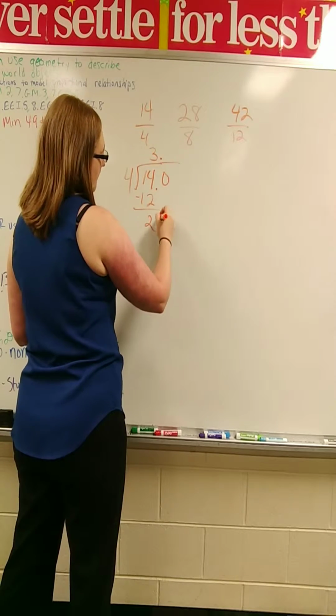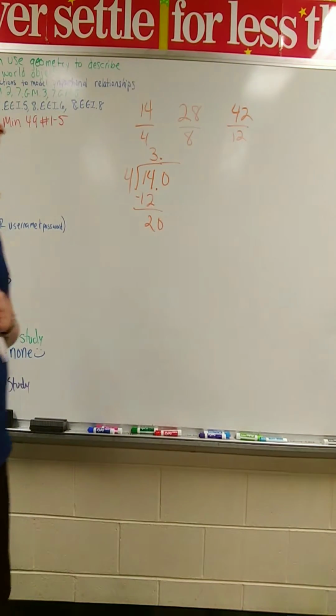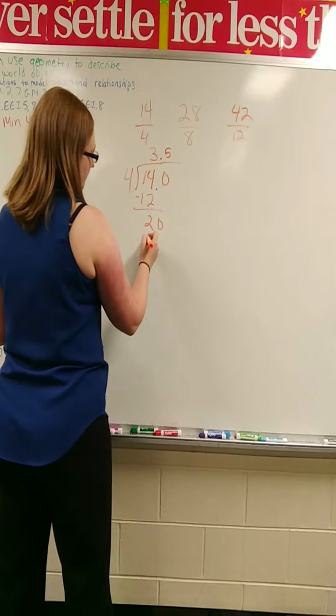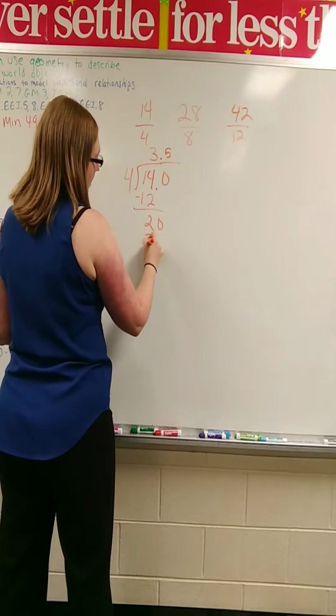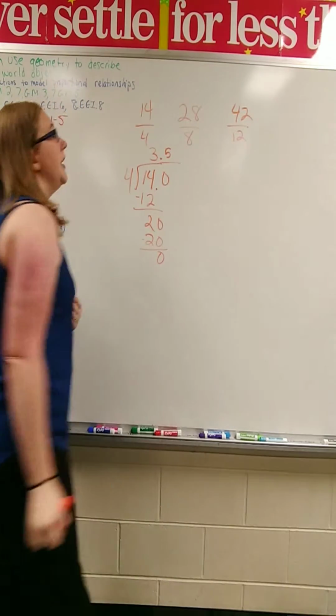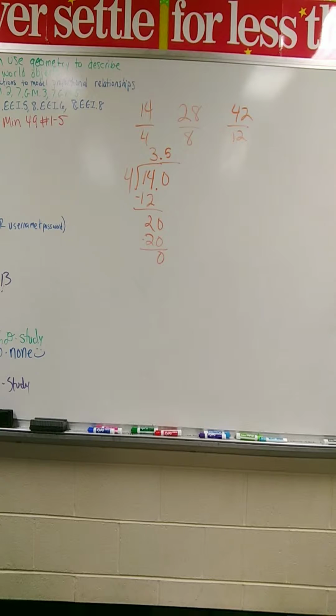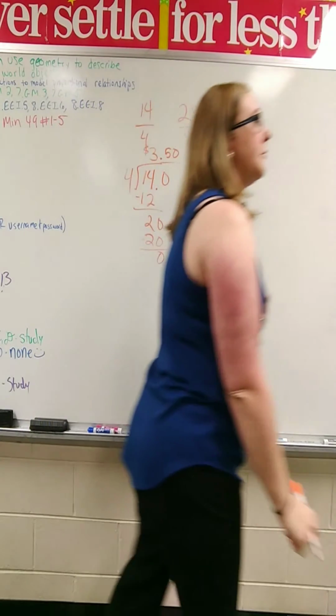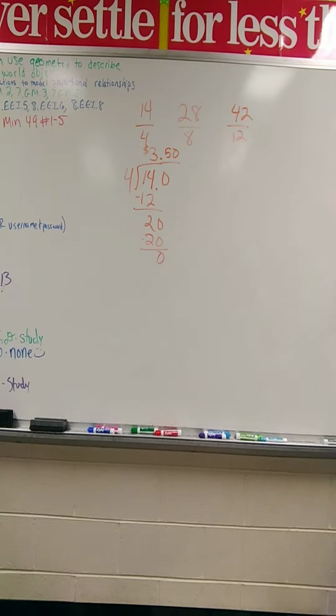Because we're talking about money, I'm going to add a decimal point. How many times does 4 go into 20? 5. 5 times 4 is 20. I subtract and I get 0. If we're talking about money, how many decimal places do I need? 2. So that means that we're paying $3.50 per pound of trail mix.